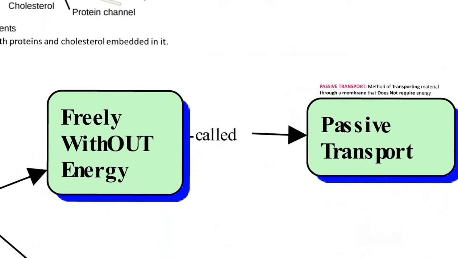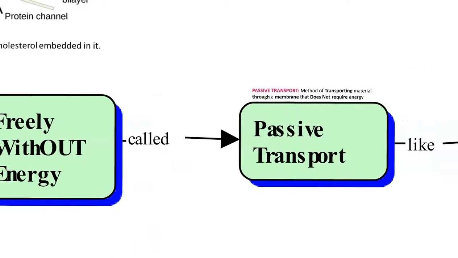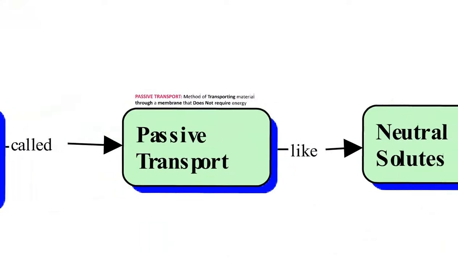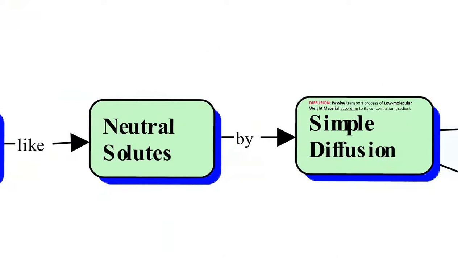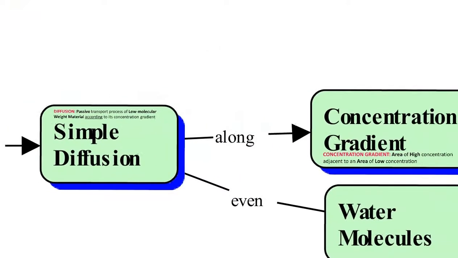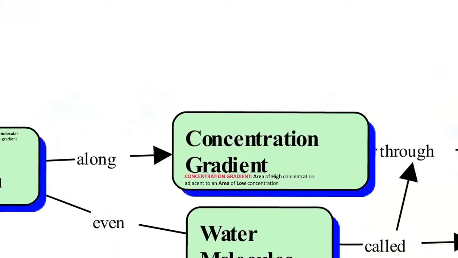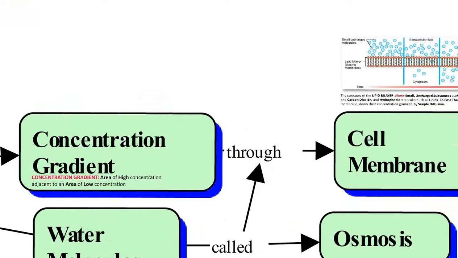So some molecules pass through the plasma membrane freely without spending energy, called passive transport, like neutral solute molecules by a process called simple diffusion. These molecules move along the concentration gradient through the cell membrane.